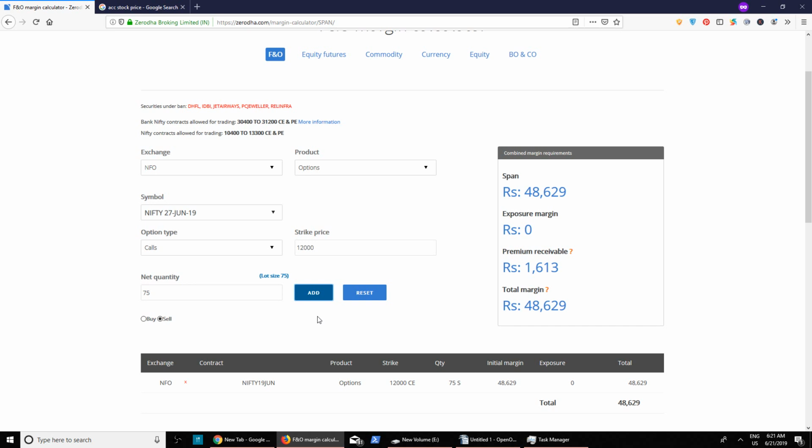So that's pretty much what I was trying to say. My point here is, whenever you are selling options, there are a lot of strategies from which you can make a risk-defined strategy, and the probability of profit is more.